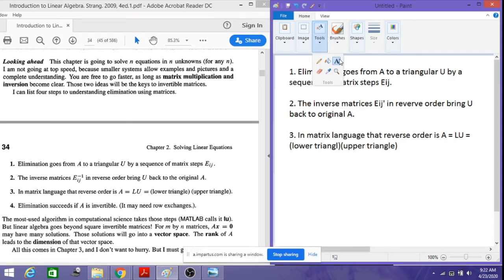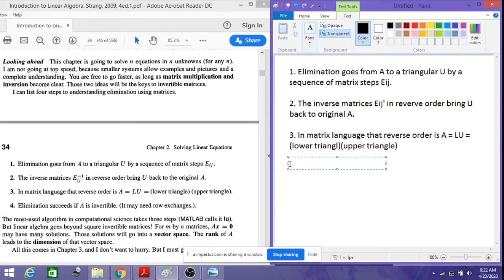Now let me write the fourth step here. The fourth point is that elimination succeeds if A is invertible.